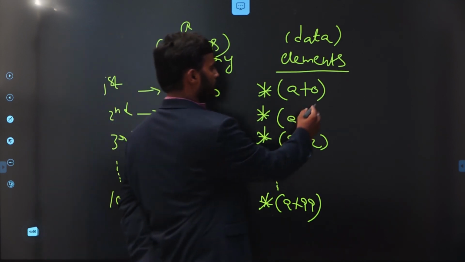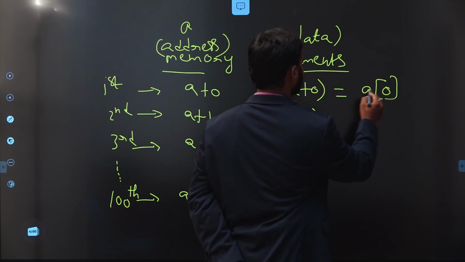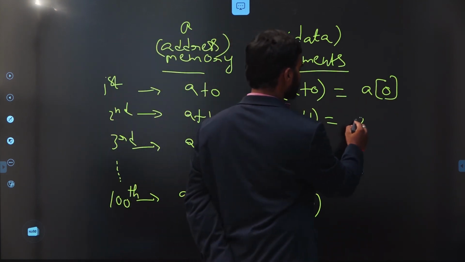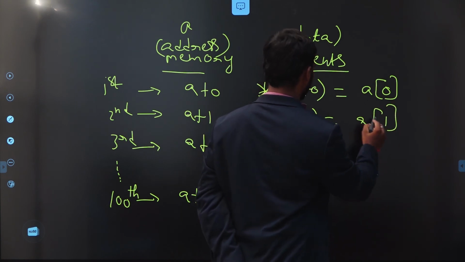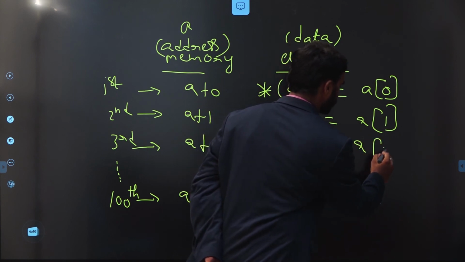Or you can use the array subscript: star A plus 0 can be written as A of 0. Star A plus 1 can be written as A of 1. Like that you can do this.